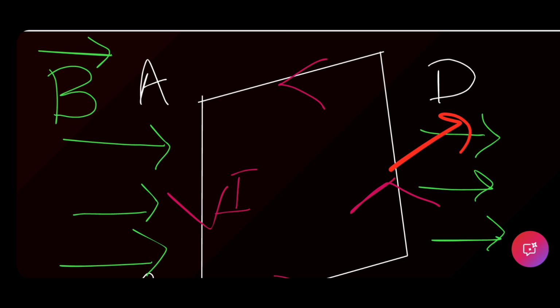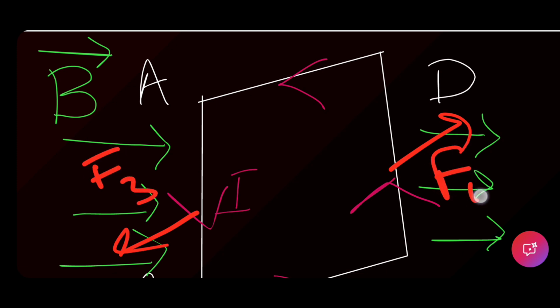As the line of action of these two forces is the same when this loop is placed perpendicular to the magnetic field, okay, I mean to say the area vector of this loop is perpendicular to B, then in that case the forces will be equal and opposite, acting along the same line, and this F3 and F4 will be in opposite directions.